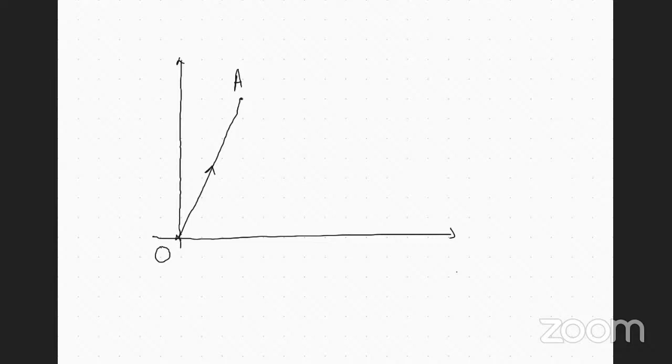And then same thing, I'm going to give you a random point B, and we have the vector OB. I'll use little dots. I don't know if you're all seeing the dots.